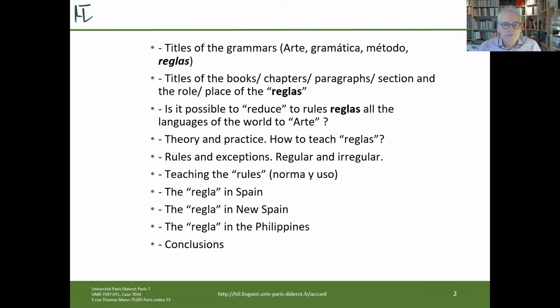Is it even possible to describe language, and what about usage? So this theory and practice will be linked to that discussion which exists in Spain. Then I will tell a little about what is regular and what is irregular according to their views. And then, as I said, a part is about Spain, a part is about New Spain, and there is a section about the Philippines.